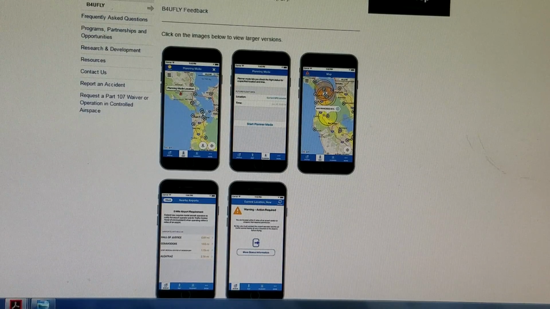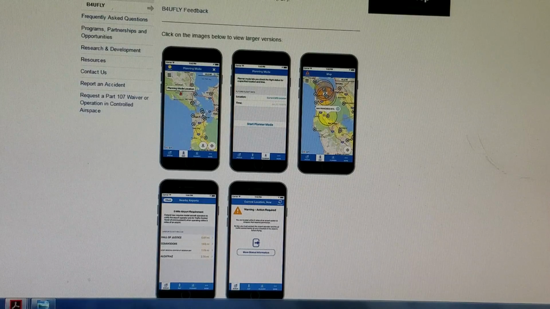My understanding is the FAA wants to make it so that, for at least small exemptions of a minor nature, you should be able to do it on the app itself, but that's not there. But I would suggest you install that and get familiar with it.